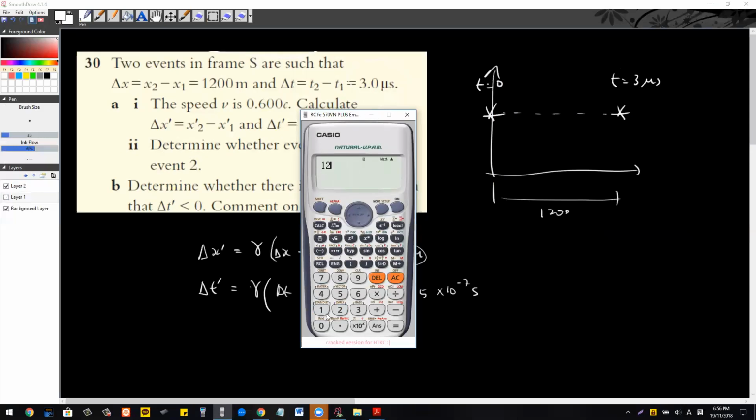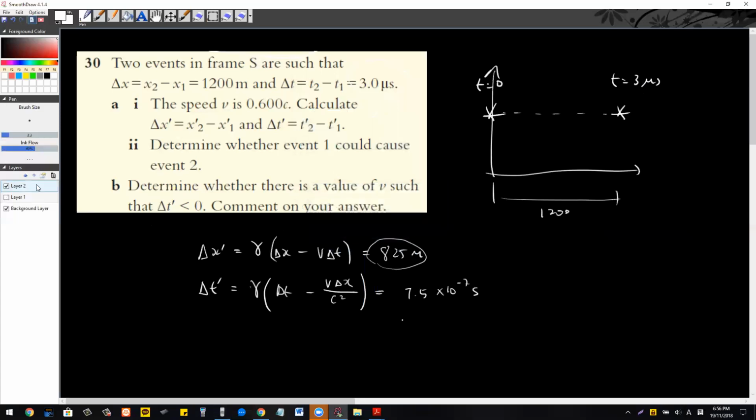So 1,200 divided by 3 times 10 to the power of minus 6. In this case, it's no, it's too much. So you cannot cause event 2 with event 1. So that's the answer for number 2 here. The answer is no. It's pretty simple, right?